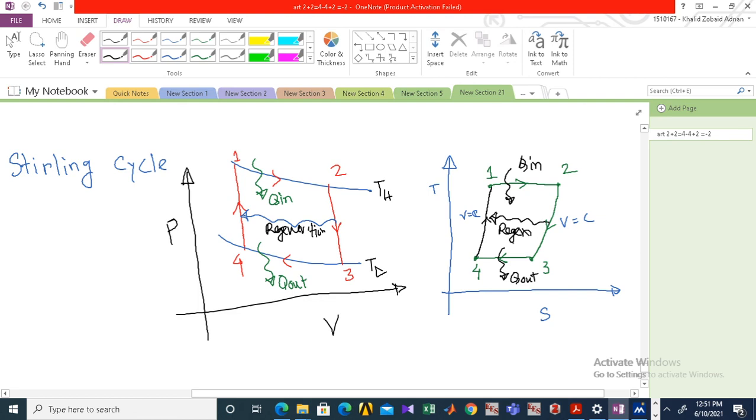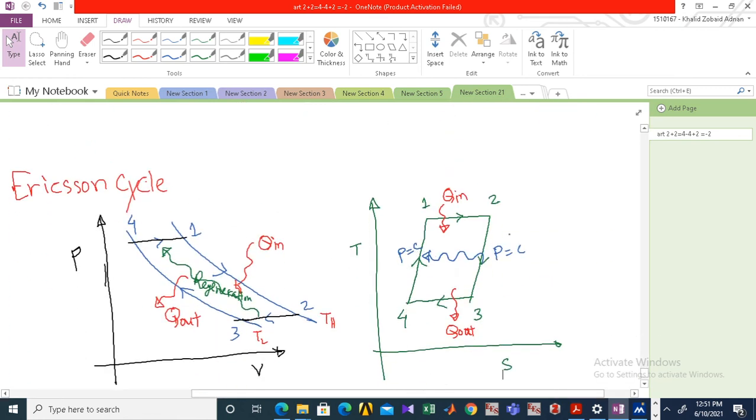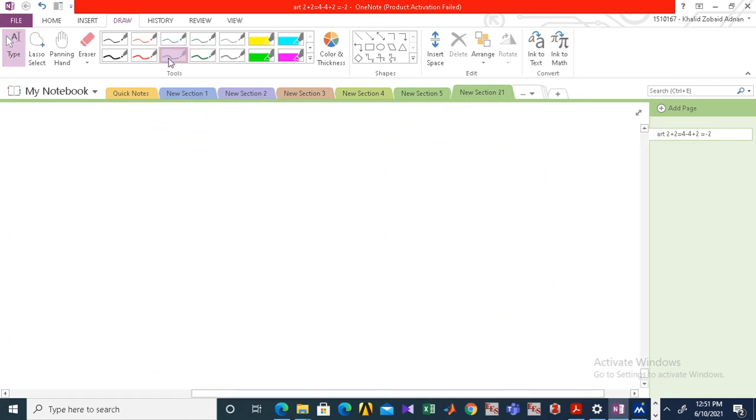So due to regeneration, we don't need to talk about the 2 to 3 and 4 to 1 processes. This is internally reversible, and we need to only think about the TH and TL, because we know the highest Carnot efficiency is 1 minus TL over TH, right?